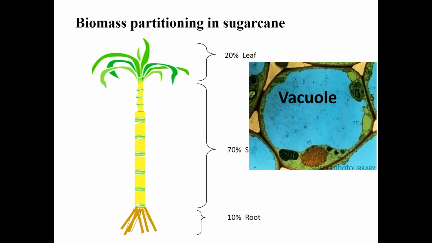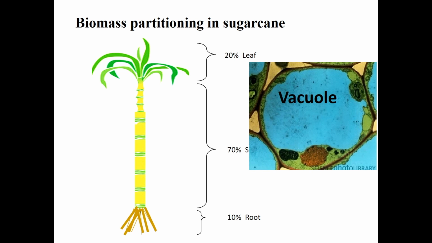Biomass partitioning in sugarcane: you see the root part is 10%, and then 70% of sugarcane biomass is of economic importance, that is the stem part, and then 20% is the leafy part.